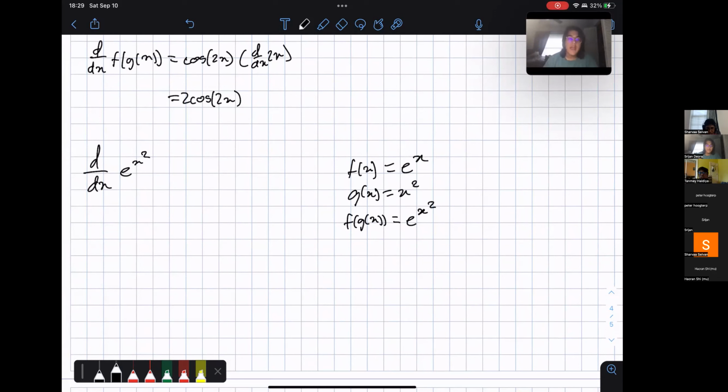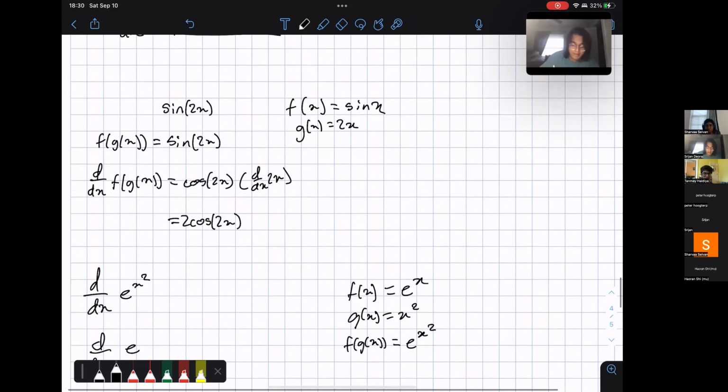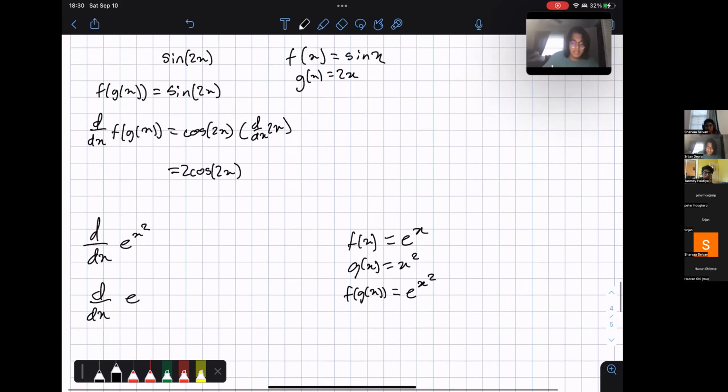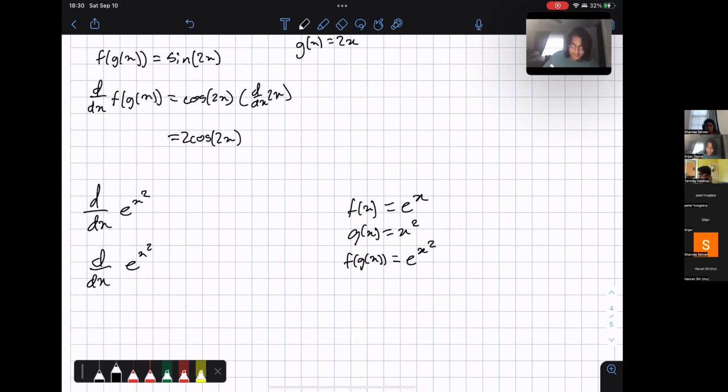And so now if we do our chain rule, we'll get the derivative of f of x, which is just e to the x. But remember, it's f prime of g of x, and so we still have to keep that x squared in there. And so that's just e to the x squared times the derivative of g of x.